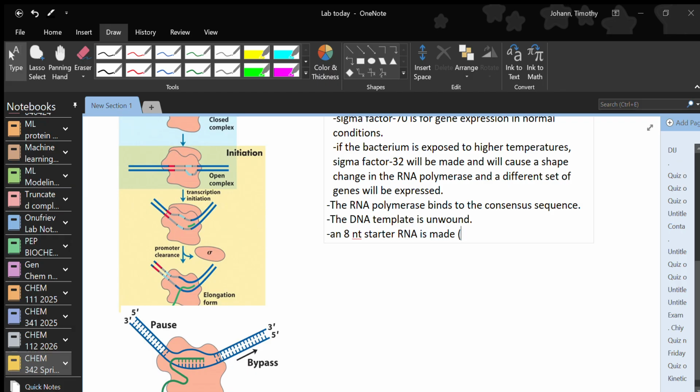Okay, this is complementary to the template sequence. So it's not some random thing or made off of some other template. This is sometimes made many times. It's probably most often made many times.